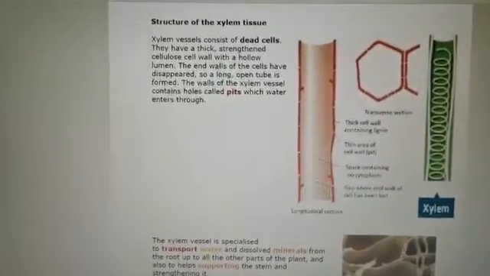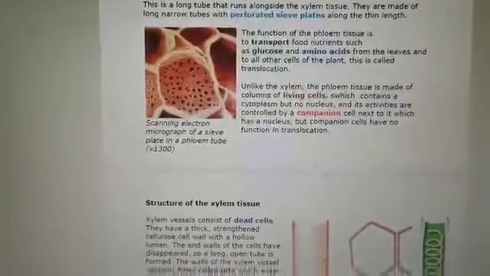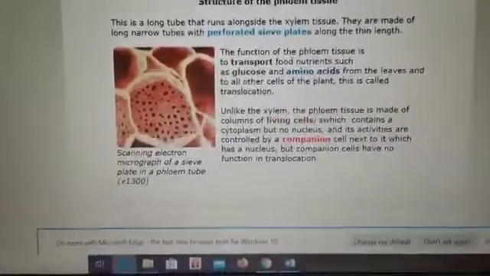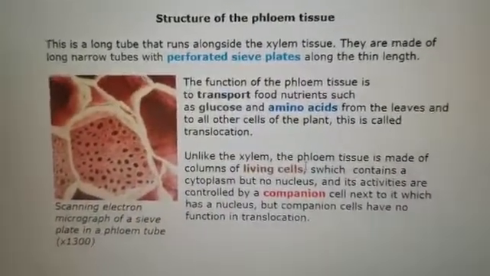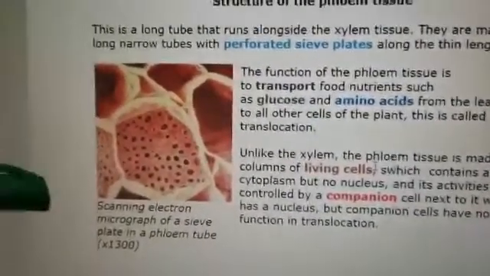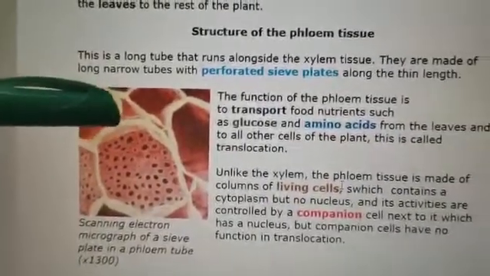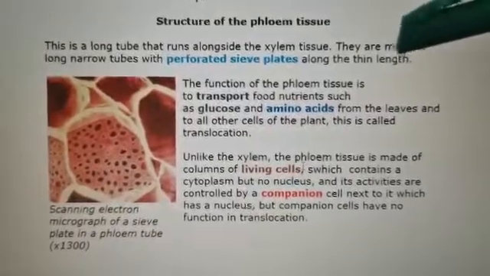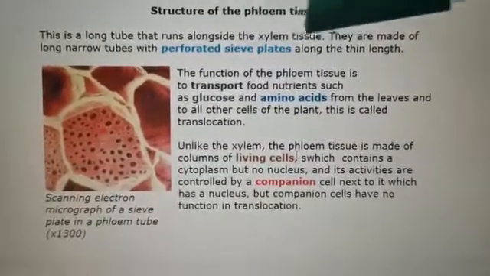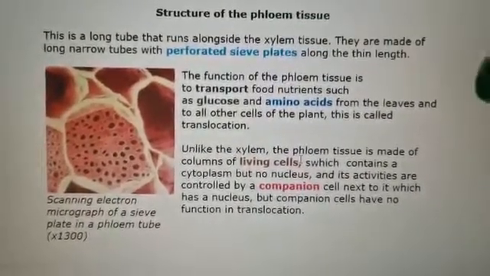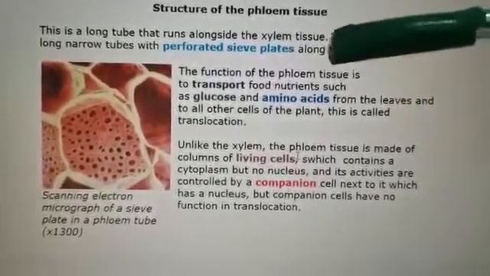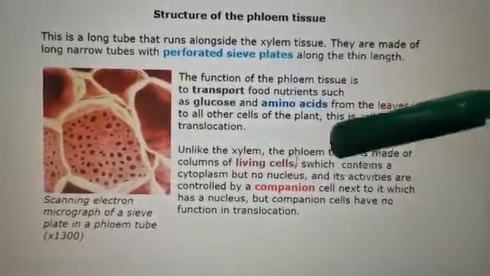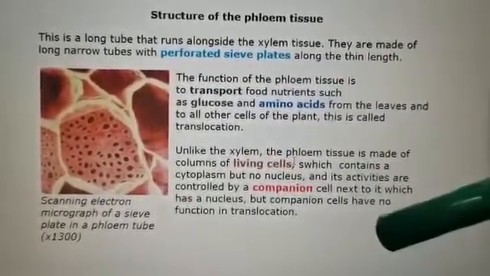Then we can have a look at the phloem tissue. This is the diagram of phloem tissue. It is also a long tube that runs alongside the xylem tissue. They are made of long narrow tubes, but they are not like xylem tissue.